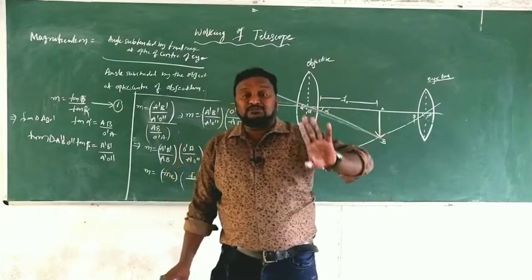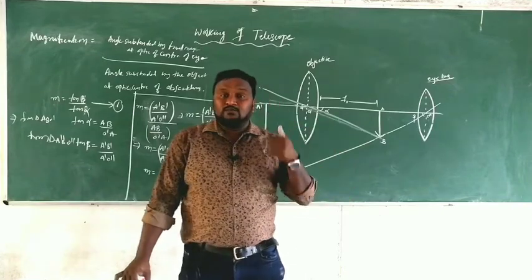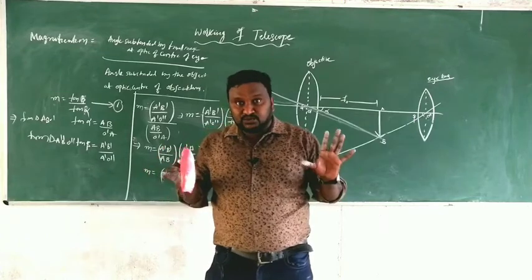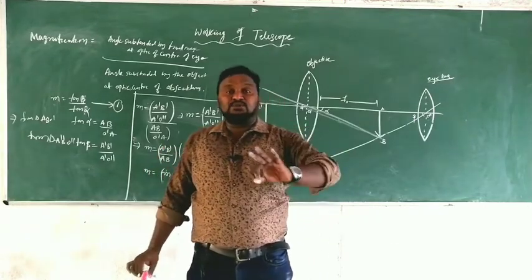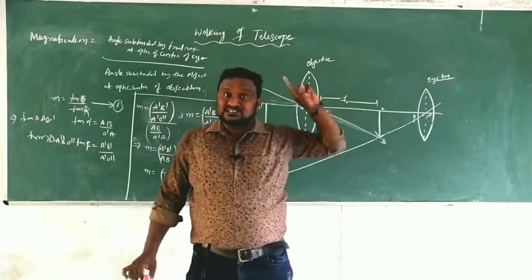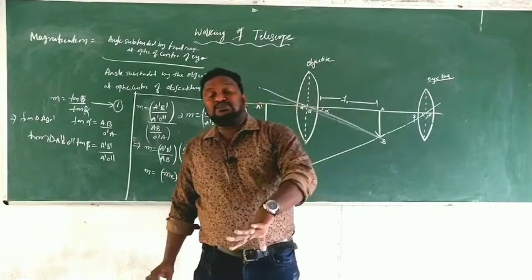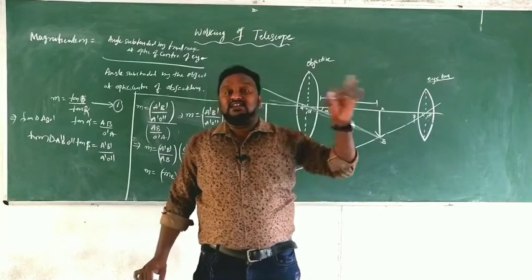That should start from that point only, the near point. For that near point, we say it is the least distance of distinct vision. To understand the near point, go to the simple microscope video and check there. The explanation of the near point is given very clearly in that video.